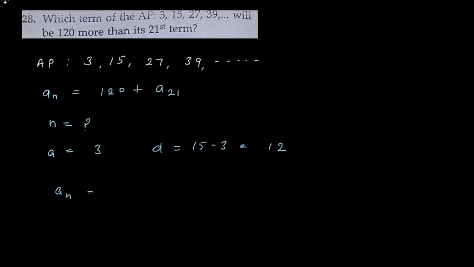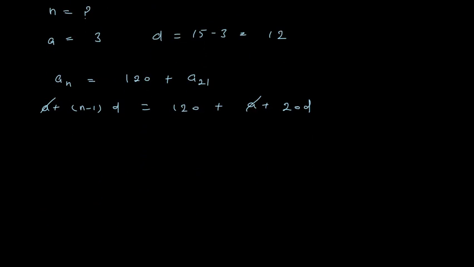So we will write an is equal to 120 plus A21. Now the formula for an is a plus (n minus 1)d. Here it is 120 plus a plus 20d. So this a and this a we will cancel, and I will bring this 20d to the left.